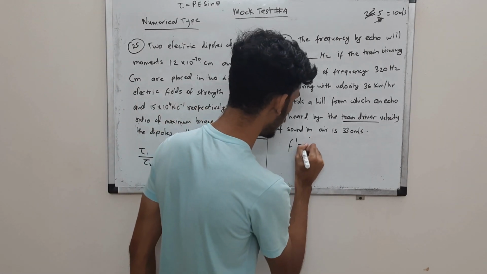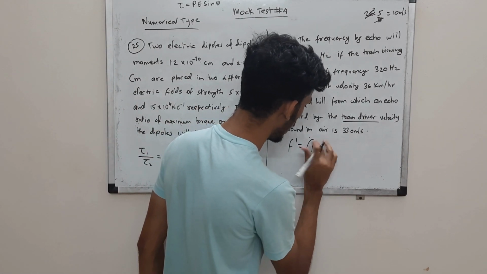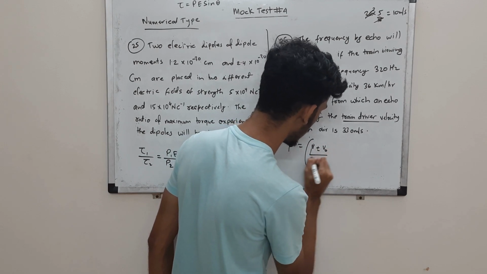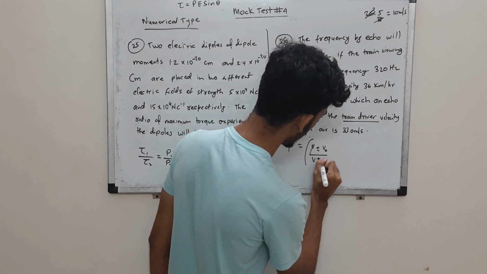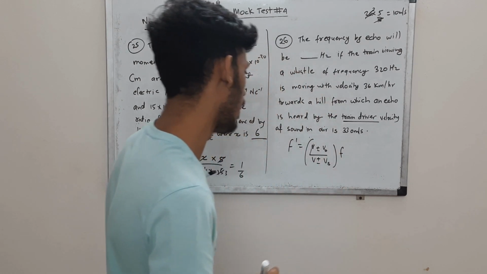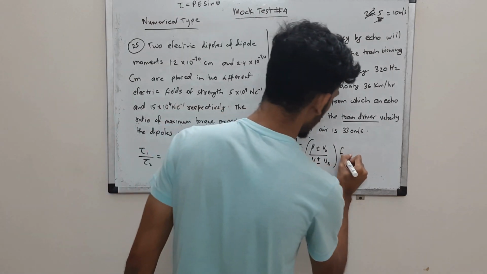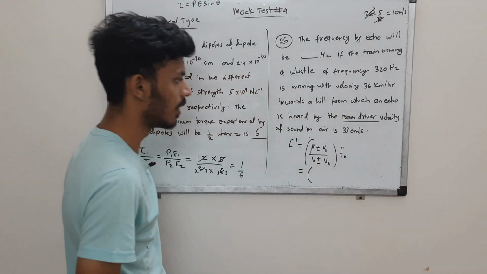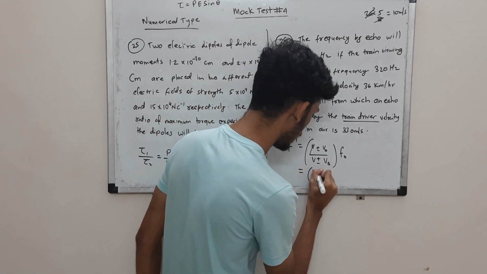For the apparent frequency, we have the simple formula: velocity of sound plus or minus velocity of observer, over velocity of sound plus or minus velocity of source, into the original frequency, which is 320. Velocity of sound in air is 330.